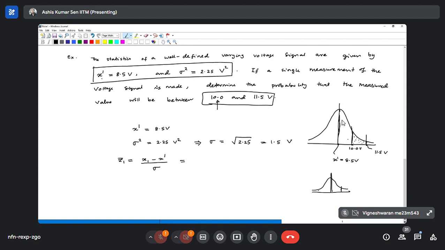First we find the probability that the data is going to lie between 8.5 and 10 volt. So x1 is 10.0 minus 8.5 divided by sigma, which is 1.5. This gives the value 1.0.